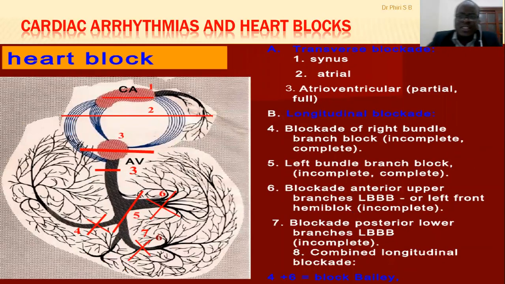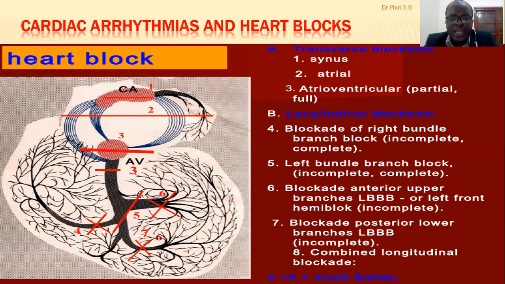So in general, this is just a slide summarizing different types of heart blocks depending on which structure is being blocked and what type of block it is, whether it's a transverse blockade or a longitudinal blockade or a combination of different types of heart blocks.